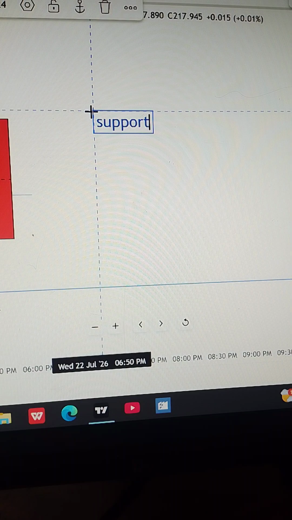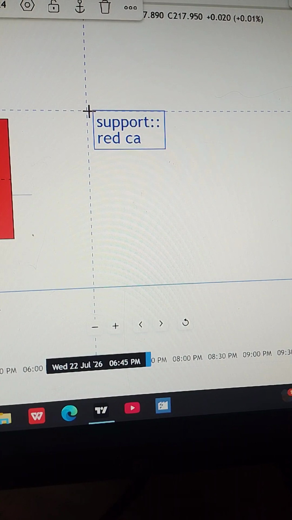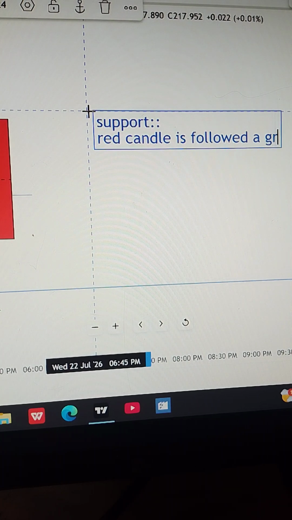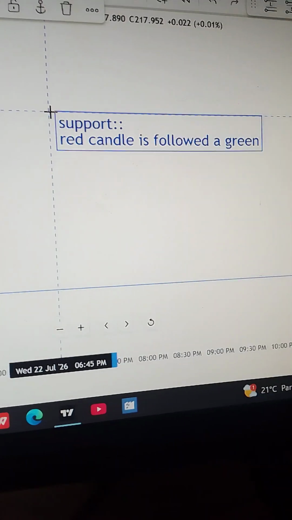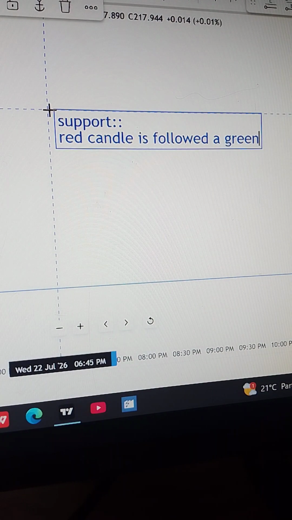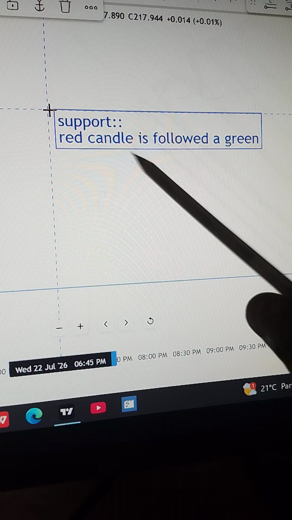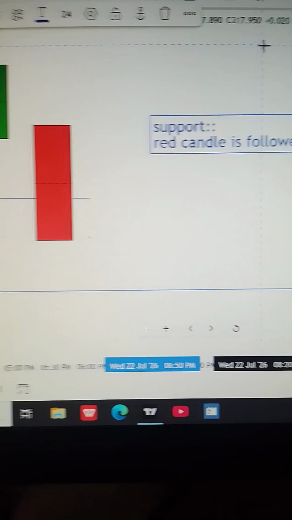So a support is created when a red candlestick is followed by a green candlestick, like this one.